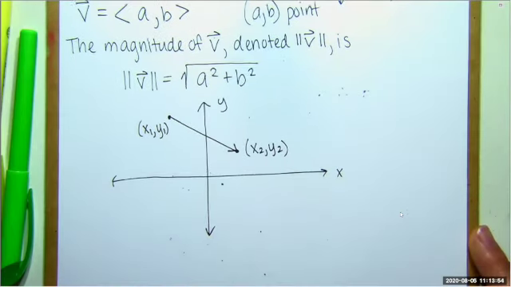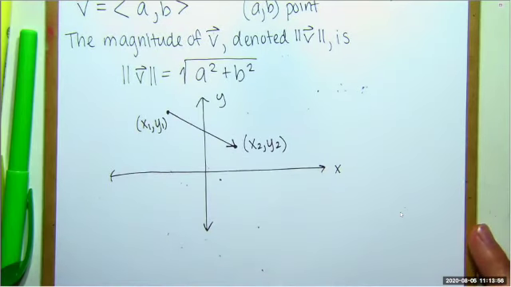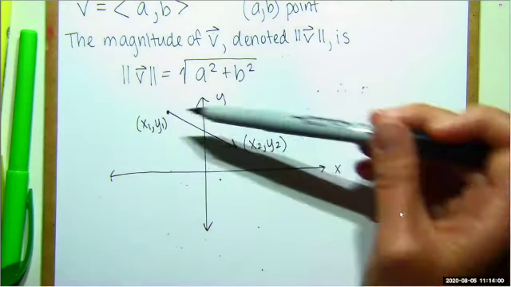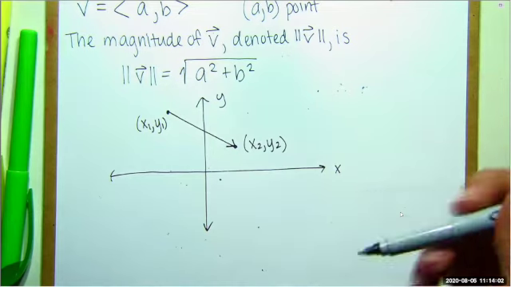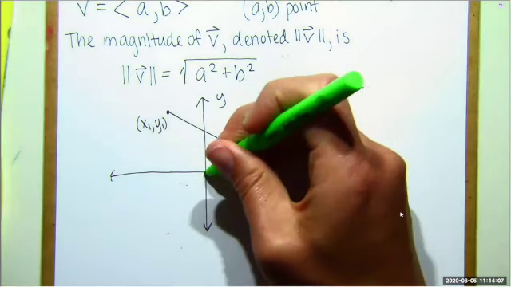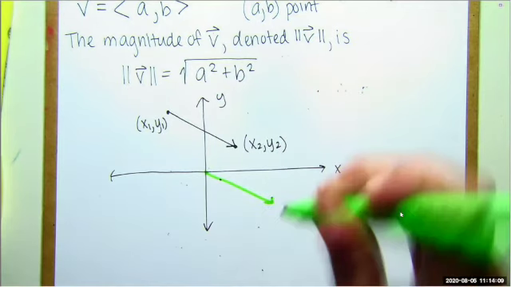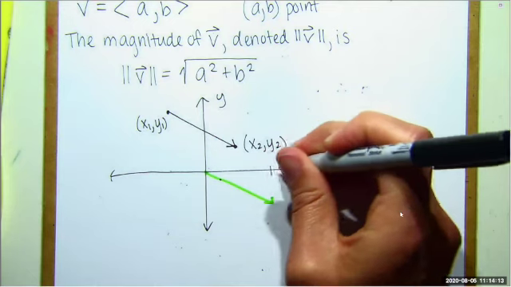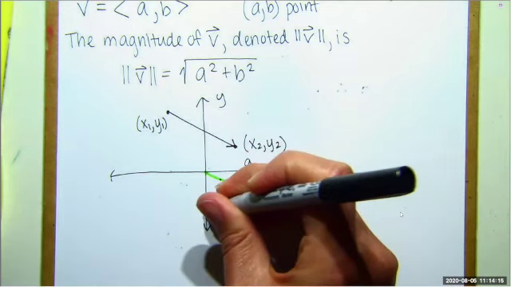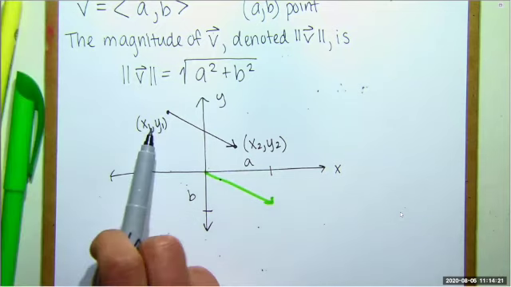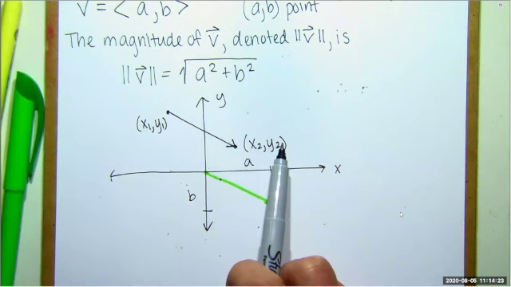Our question is, how can we come up with the position vector? For the position vector, we'd need the horizontal component and the vertical component. So we want to move this so that the initial point is at the origin, and measure the horizontal component A and the vertical component B. We're going to come up with a formula in terms of the starting point and the finish point.